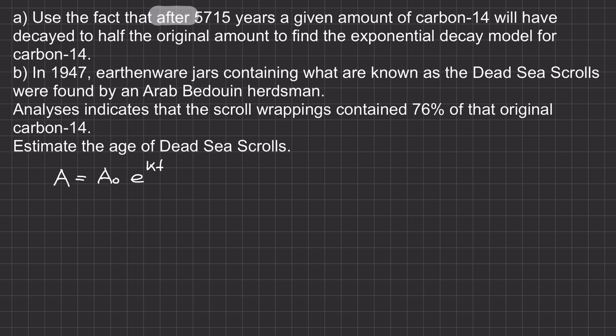Use the fact that after 5,715 years, a given amount of carbon-14 will have decayed to half of the original amount to find the exponential decay model for carbon-14. We know that k is less than 0 because the problem is about the decay of carbon-14.